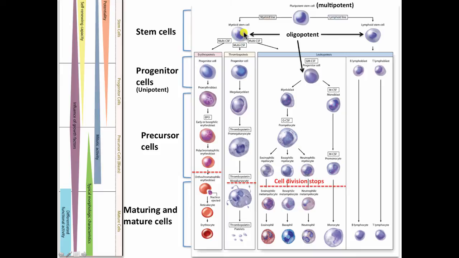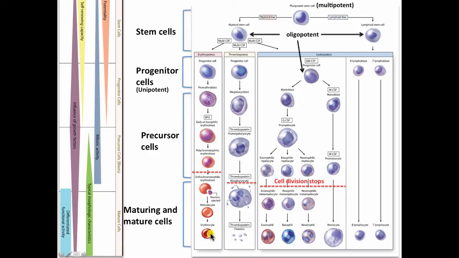The myeloid line can give rise to the red blood cell line, to the megakaryocyte line, and to the granulocyte line, whereas the lymphoid stem cell can only give rise to the B and T lymphocytes.